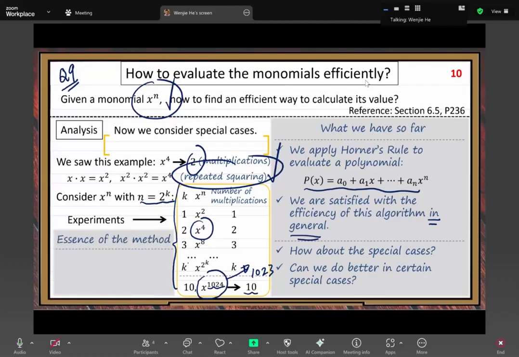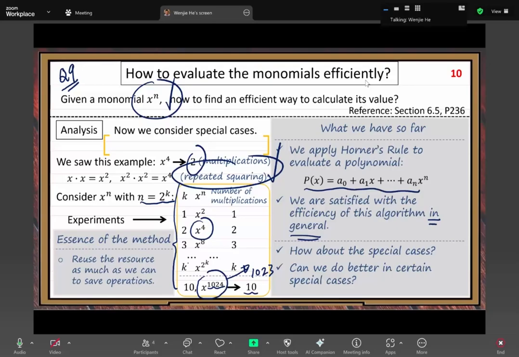The essence of the method. Why can this method improve efficiency so much? The essence of this method is to reuse the resource as much as we can to save operations. How do we understand the resource here? We treat the intermediate calculation results as the resource.